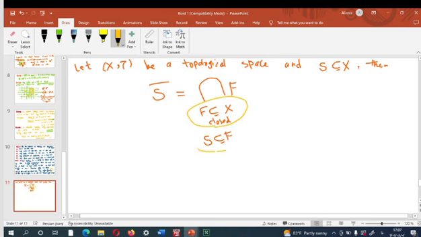F is closed and F contains S, okay? Contains S.